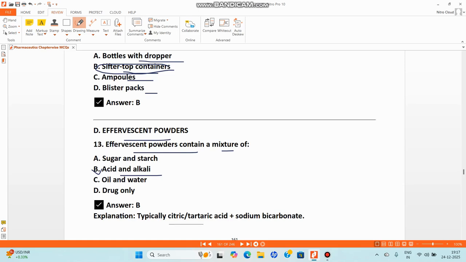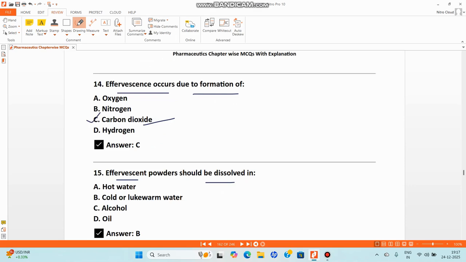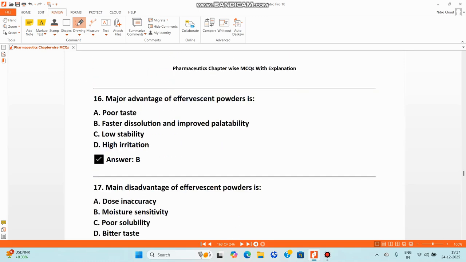That means typically citric acid and sodium bicarbonate, and effervescence occurs due to the formation of C, carbon dioxide. Okay, effervescent powder should be dissolved in, answer will be B, cold and lukewarm water.